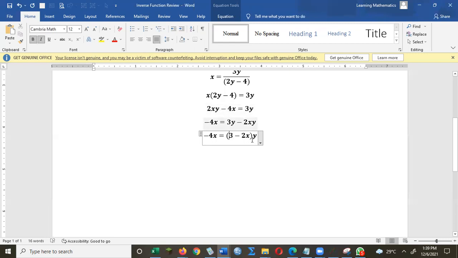Okay, so now we can divide by the 3 minus 2x, because there's a multiply going on there by that bracket there, to get y by itself.